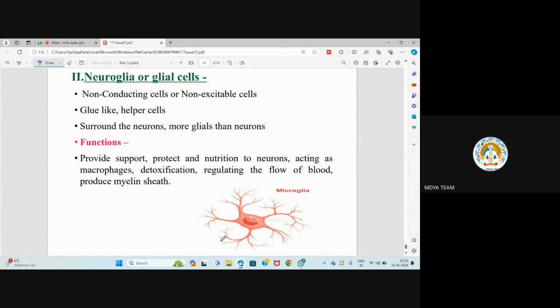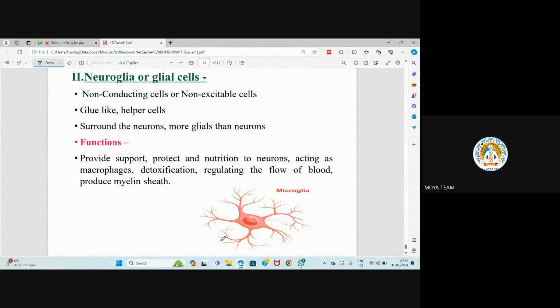For example, if a mosquito is biting your skin, the sensory receptors of your skin will process it, the information will be conducted through a sensory neuron and reach the brain that something painful is happening. Then the brain will process it and respond through a motor neuron, and all these things are happening by electrical impulses.